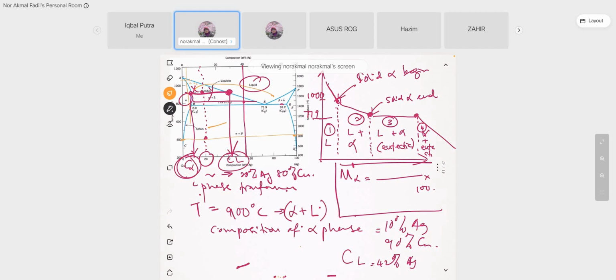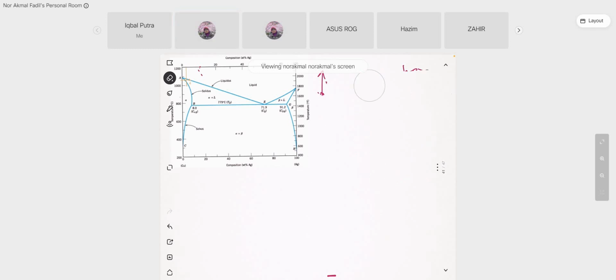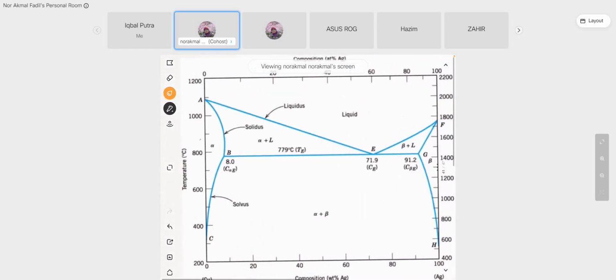Okay, for example, this is the job if you are working in R&D or as a processing engineer. Let's say you have 5% silver alloy.